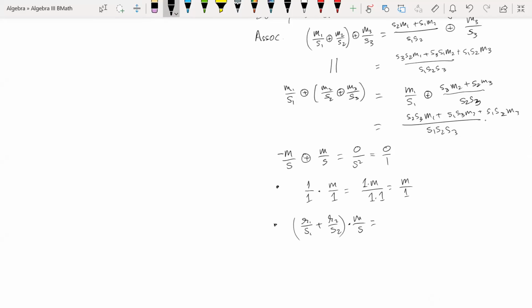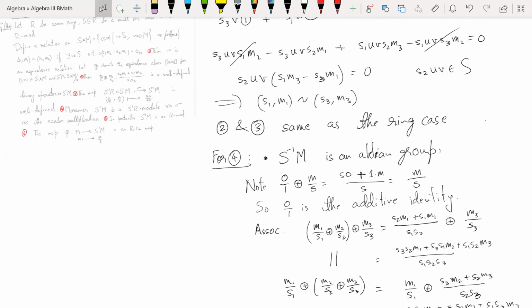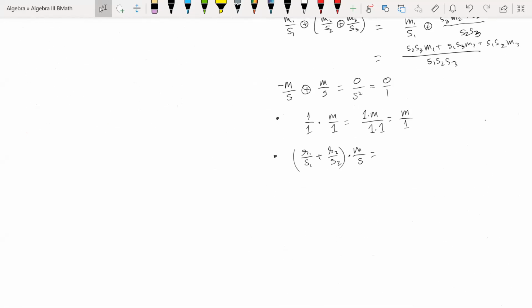By definition of sigma, numerator and denominator you have to multiply, so for that you first have to add. So it's S1 S2, S2 R1 plus S1 R2, dot M over S, which is the same as S2 R1 M plus S1 R2 M over S1 S2 S.